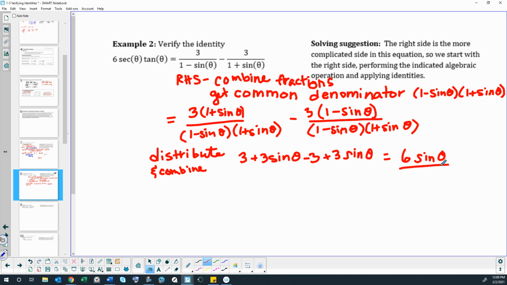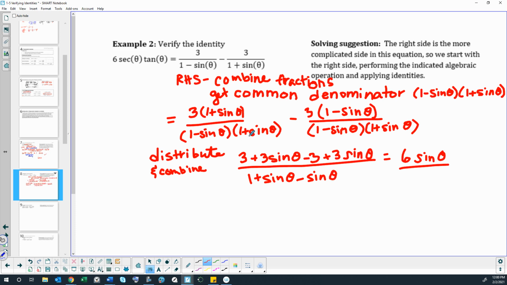Now I ignored the denominator for a minute, so let's look at our denominator. What happens when we multiply 1 minus sine theta times 1 plus sine theta? I don't know if you noticed, but those are conjugates. It's a conjugate pair. So 1 times 1 is 1. And then 1 times sine theta is sine theta. And 1 times negative sine theta is negative sine theta.